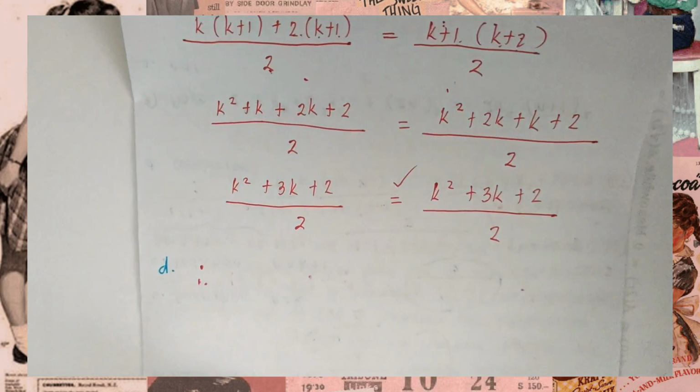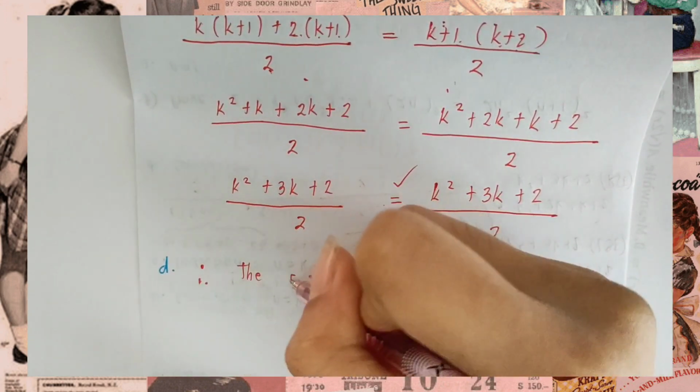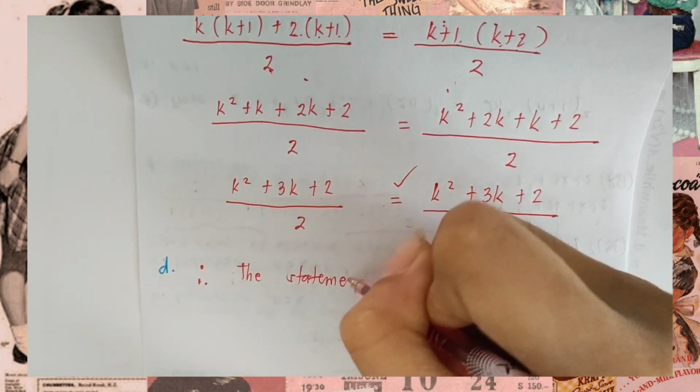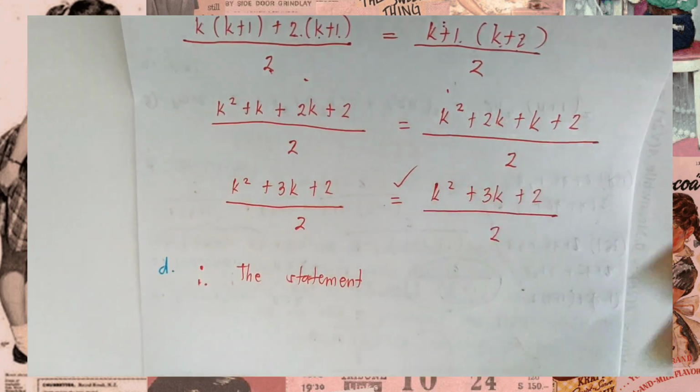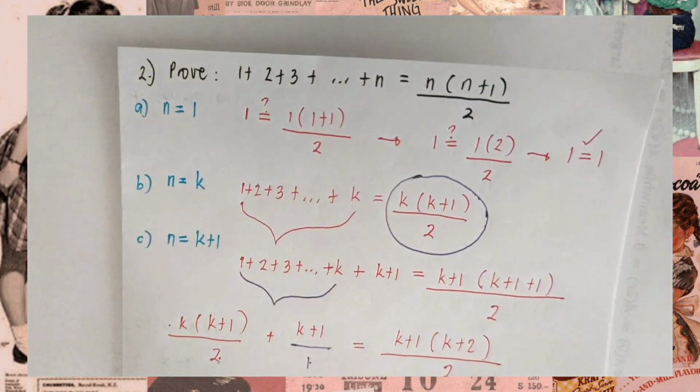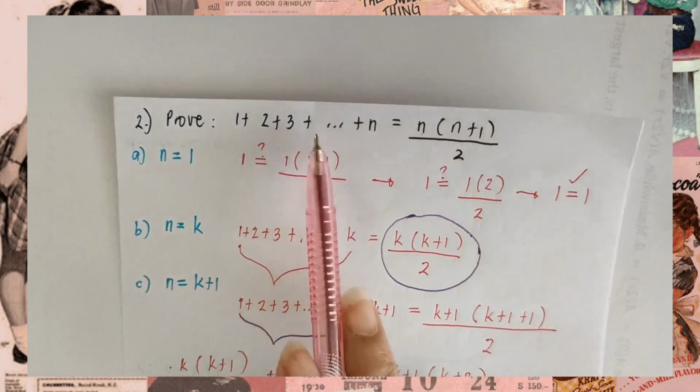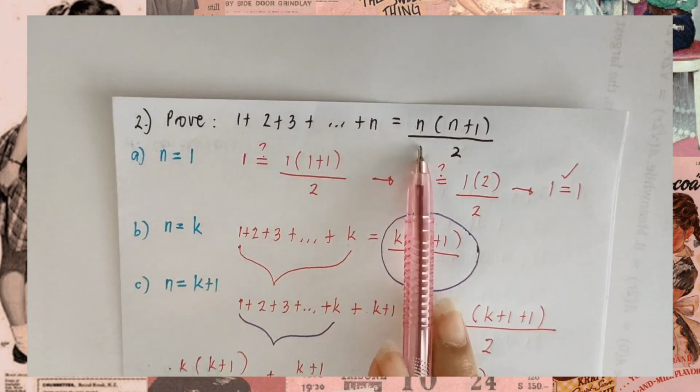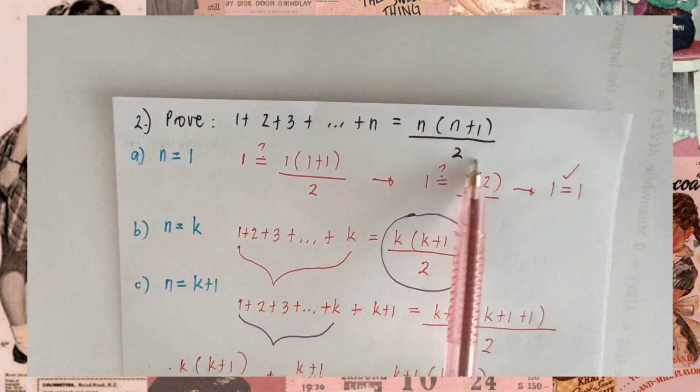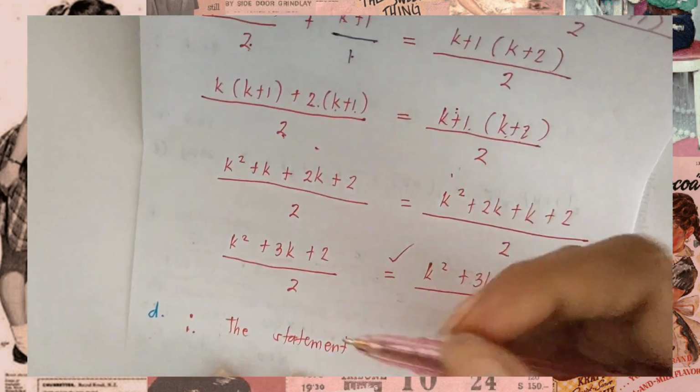Therefore, the statement 1 plus 2 plus 3 plus ... plus n equals n times the quantity of n plus 1 over 2. You copy this one.